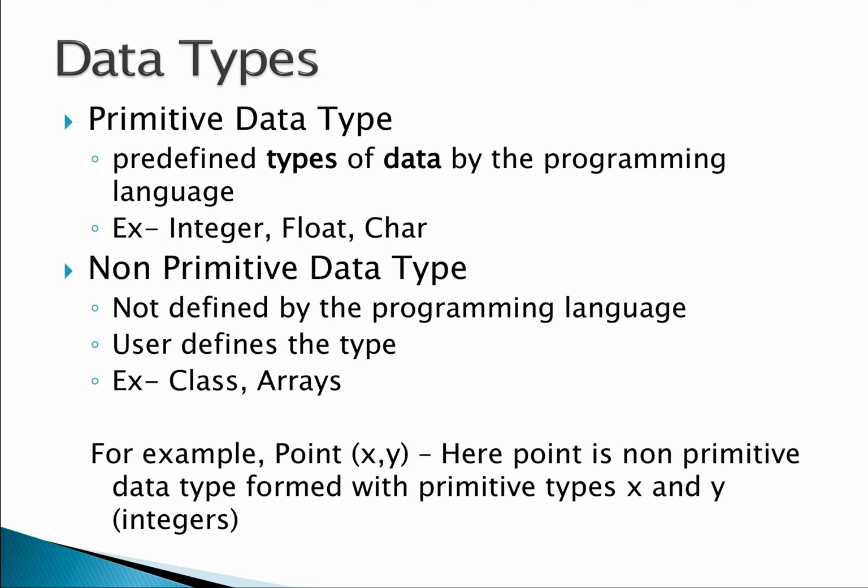So I need two integers coming together forming a user defined data type, which is point. This type of user defined data types are non-primitive data types we can form using structures like class, arrays, etc. We are going to learn how to create these non-primitive data types with the help of primitive data types in the subsequent sessions.